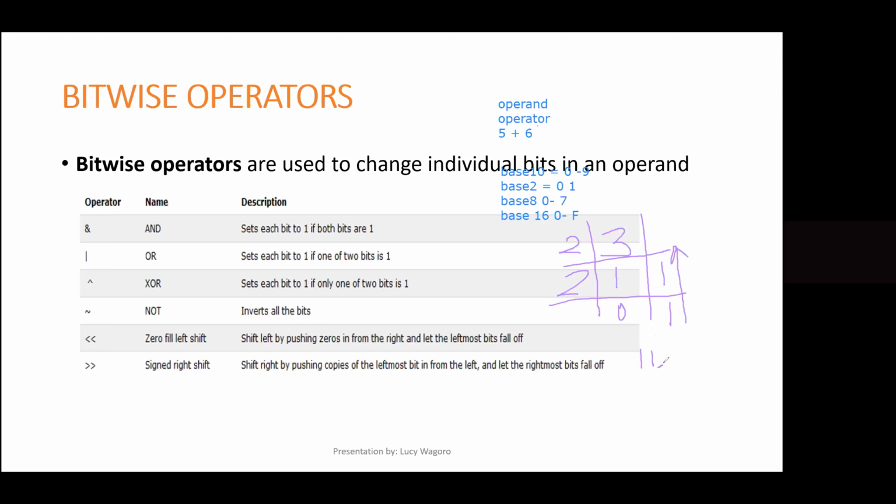Normally we write a 2 down here to show that this is base 2 if we were doing a calculation. That is very important. So now let's get back to our bitwise operators with that background in mind.